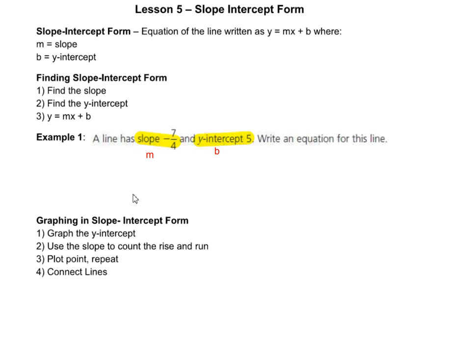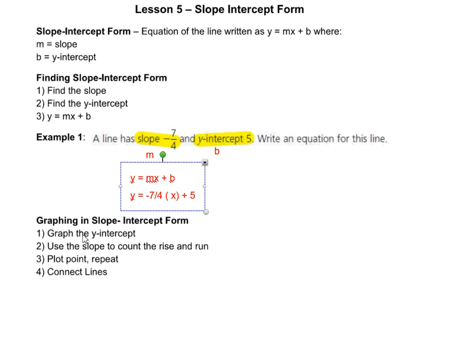So if I have y equals mx plus b, I can now say I have y equals my m, which was -7/4, times x, plus my b, which was 5.